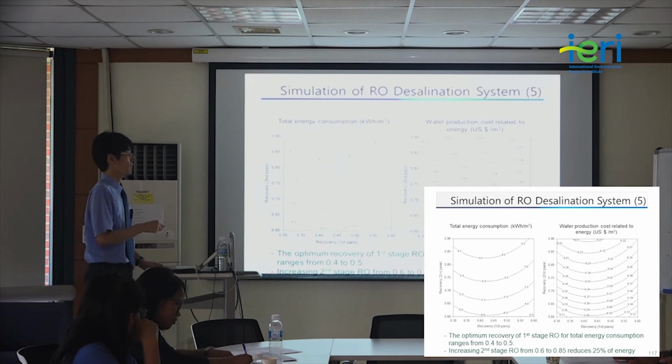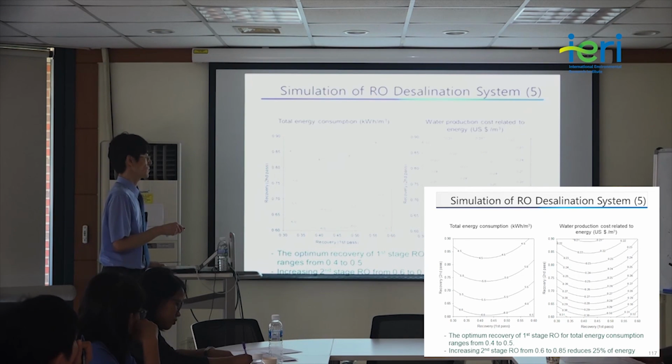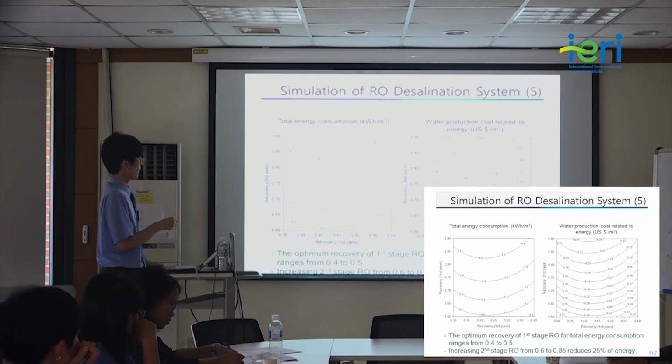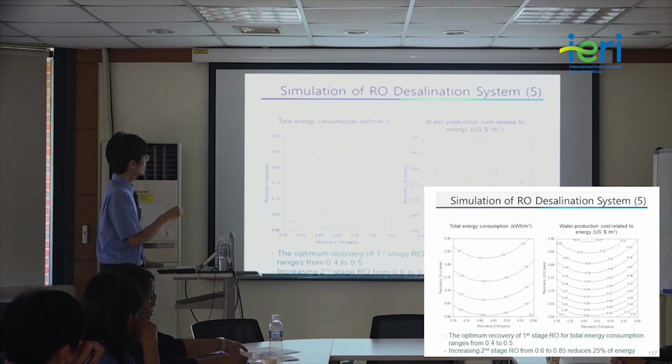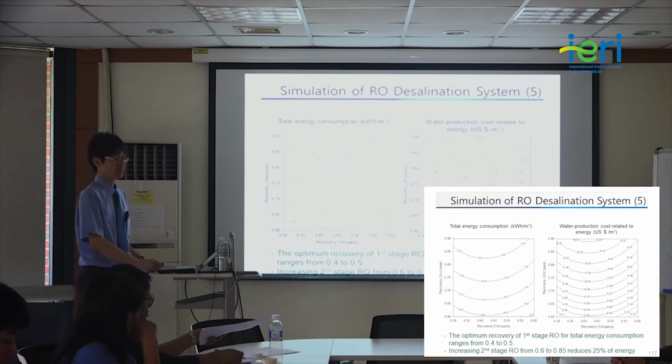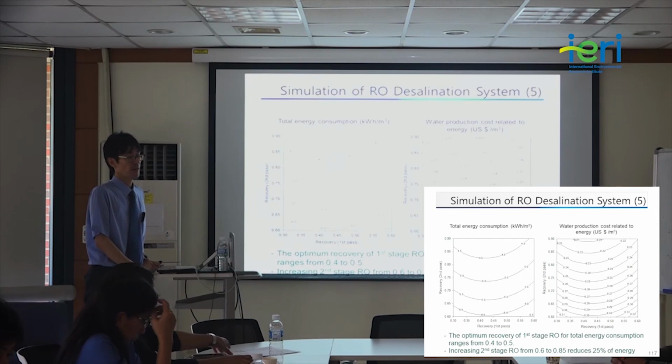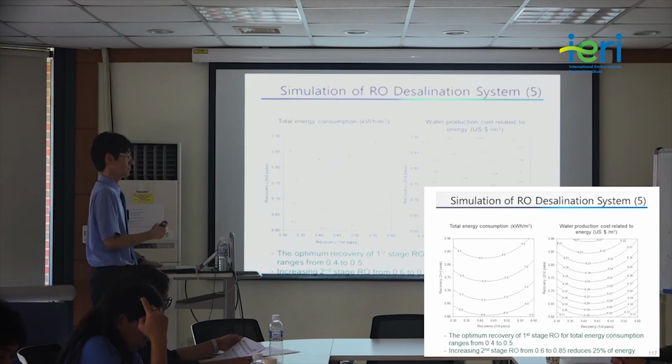So the optimum recovery for the first pass reverse osmosis is between 0.4 and 0.45. So around this region, we can have the condition for having lower energy consumption.